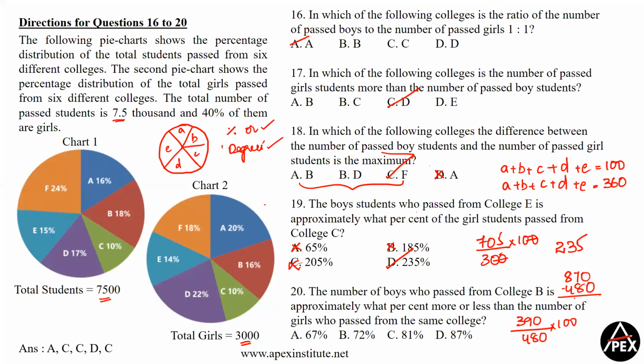So what is the answer? Option C here. Okay, it's 81.25. So 81. So here we are asked to determine the approximate percentage. Okay, so 81. Yeah, and this completes the set.